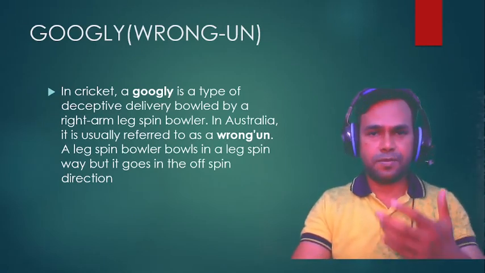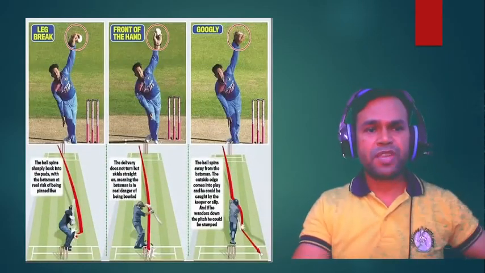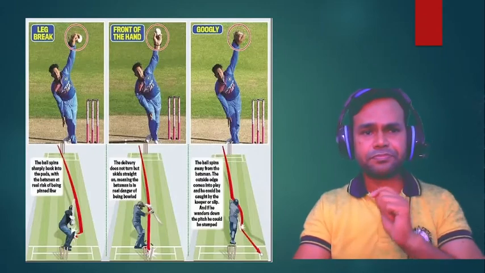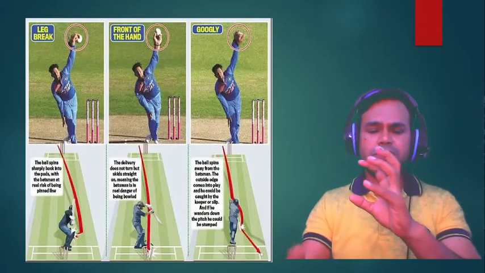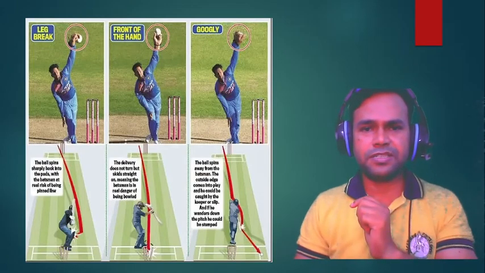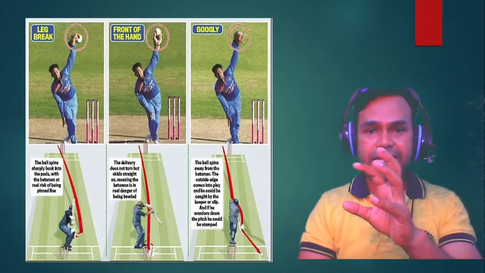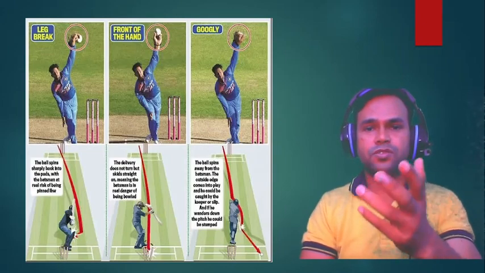And of course, there are gripping variations also. In this slide you can see the gripping variations. In the first one, you can see the holding of the ball, and the ball is facing toward the fine leg area. The third gripping is exactly the googly. You can see the hand is not facing toward the batsman.